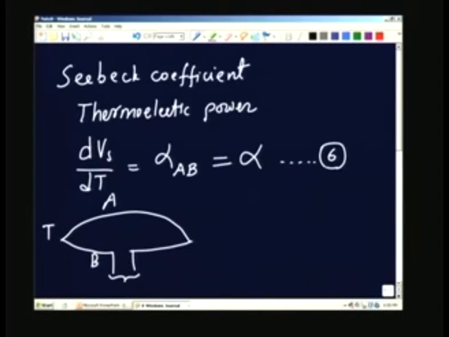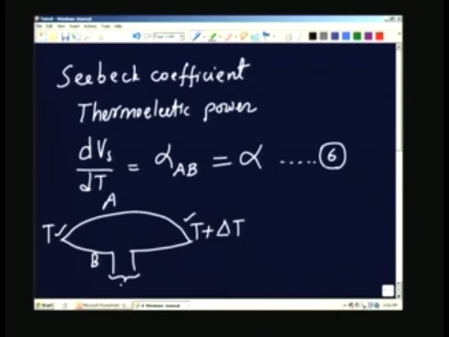Let us say this is T and this is T plus delta T. So, dVs by dt is the elemental quantity: there is a very small difference in temperature between junction 1 and junction 2.